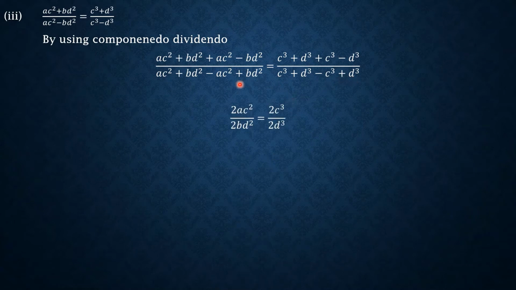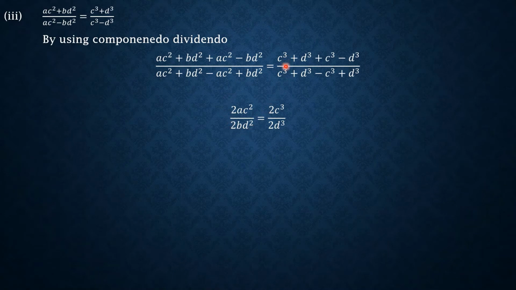Now come to the simplification of these two fractions. On the left side we have ac square plus ac square. This will equal 2ac square, and plus bd square minus bd square. These two terms will be cancelled by each other. Come to the denominator, which is ac square minus ac square. These two terms will be cancelled, and we have plus bd square as 2bd square.